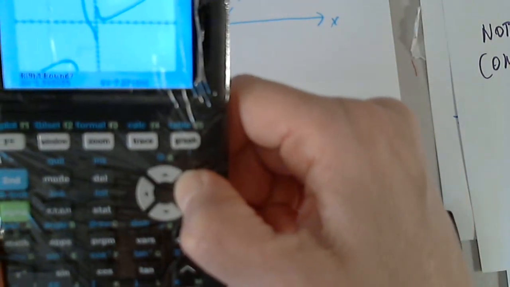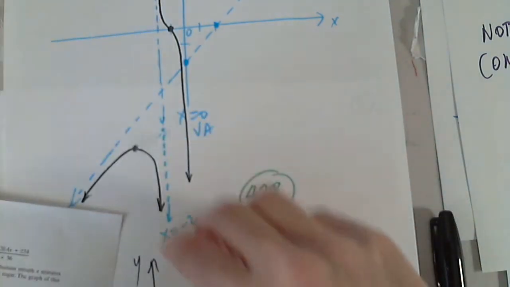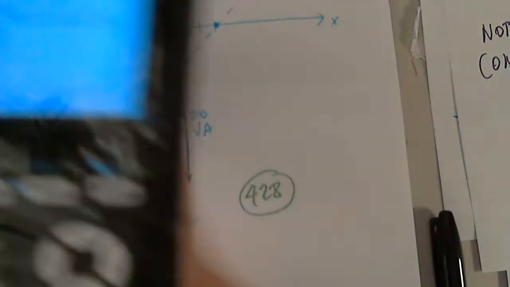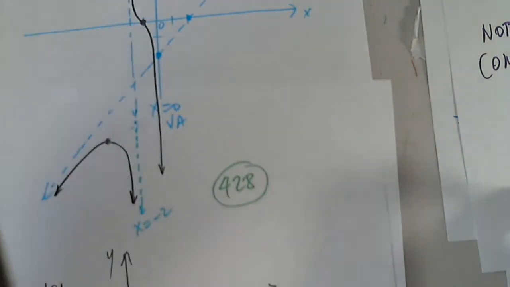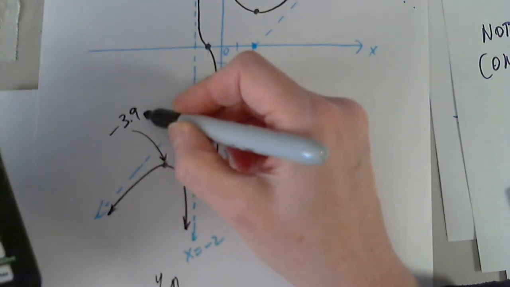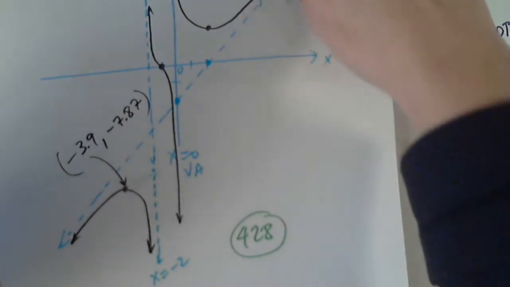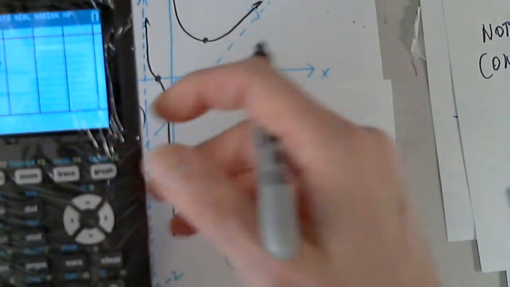Yes, enter. I make sure that I pass the maximum. I say enter again, and it will give me the maximum. So the coordinates of the maximum are -3.9, -7.87.